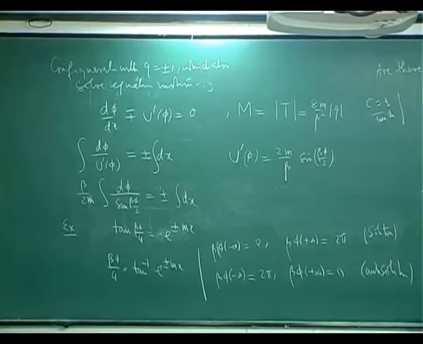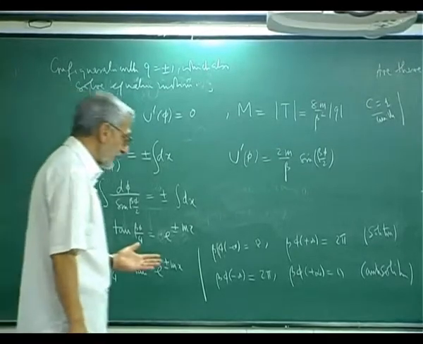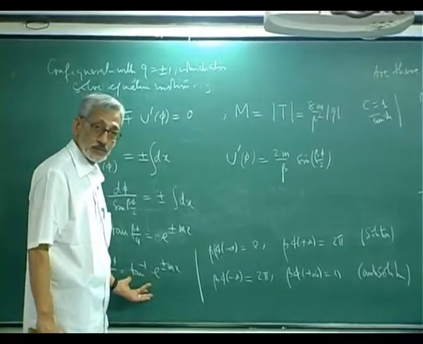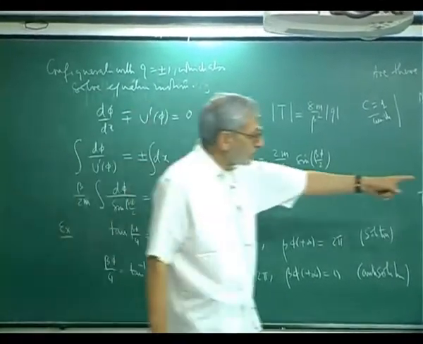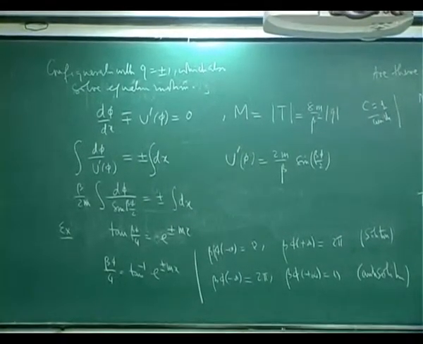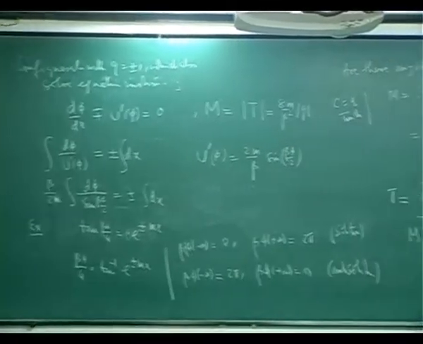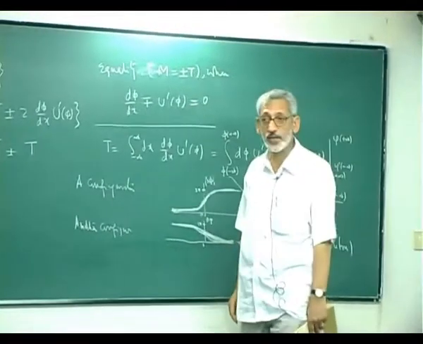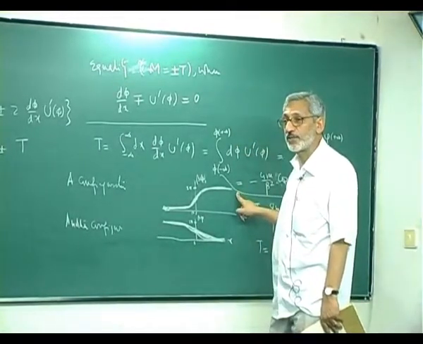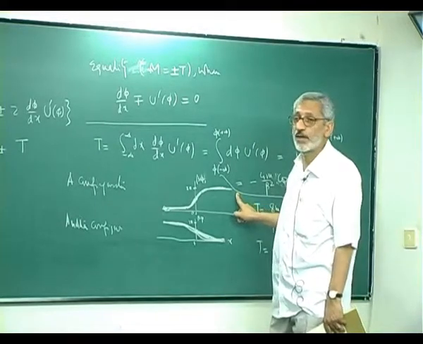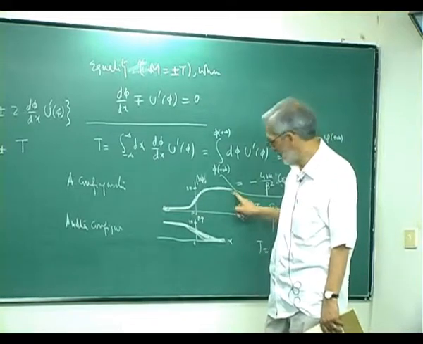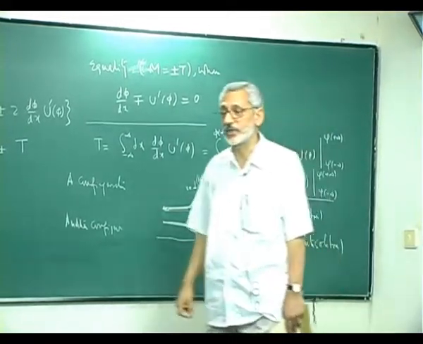So we have found now two configurations of this theory given by these solutions, which have that kind of a behavior, that at x minus infinity they sit in one of the ground states, because beta phi equal to 0 is a ground state, and at x plus infinity sit in the other ground state, because beta phi equal to 2 pi is the other ground state of the theory. So at the extreme points they are in the ground states, in between they have structure.